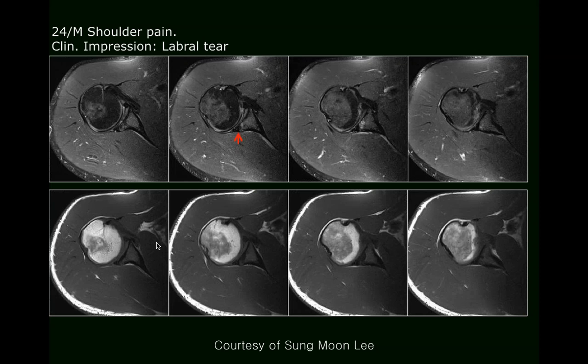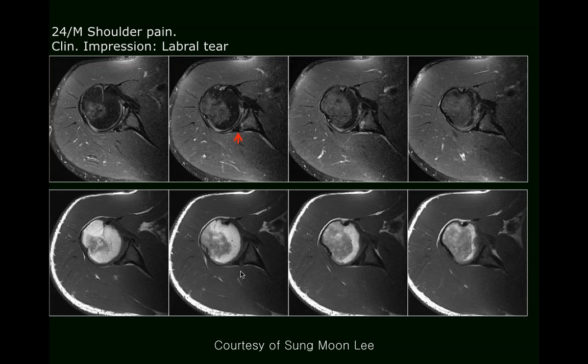24-year-old male, shoulder pain, clinical impression is labral tear. So we have multiple axial PD fat sat and looks like just PD. And there is an arrow sign. So it looks like the posterior glenoid has some subchondral edema and irregularity. And the cartilage, I think it's kind of hard to see, but it's okay.